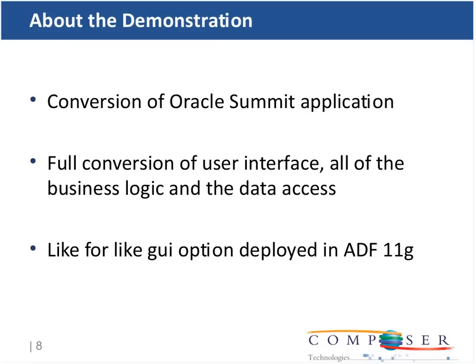You may have certain standards and templates that you adhere to for your browser-based applications, and you certainly can take advantage of that during the conversion through the use of cascading style sheets and methods like that. But we're going to do a like-for-like in this case.